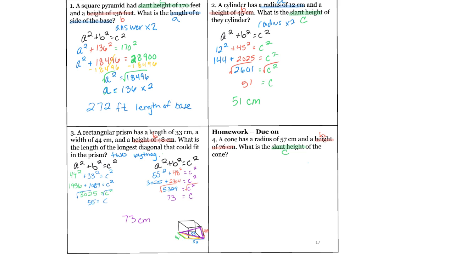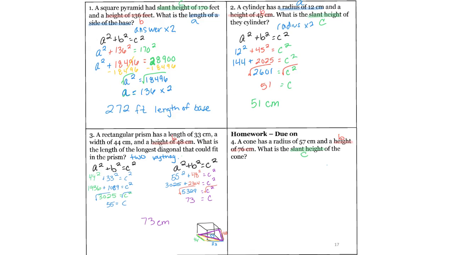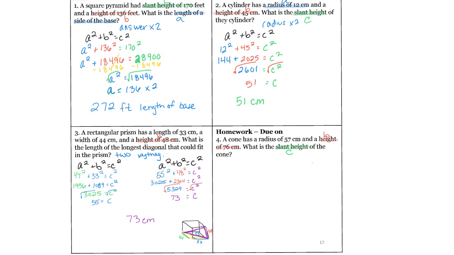Okay, so for number 1, it was the square pyramid, so you had to make sure that you multiplied your answer times 2, right? So that's just like example 4. So hopefully you got 272 feet was the length of your base. If you got 136, just remember it's times 2 because the length in the equation only goes halfway.